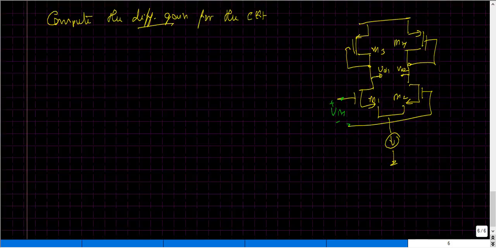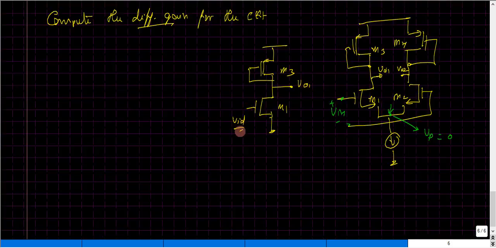We know when we apply an anti-symmetric input to a symmetrical circuit, this node, which is nothing but our node VP or common node, will actually be driven to ground, and this circuit could then be reduced down to a simple half circuit where I have M1 and M3 here, and that creates a diode connected load, and here is my VO1, and at the input I clearly have half the VID, the differential input.